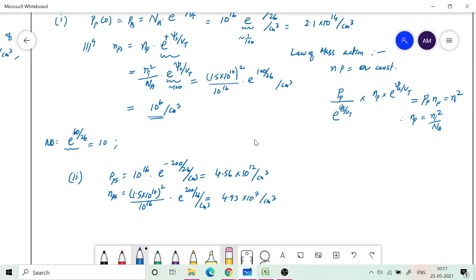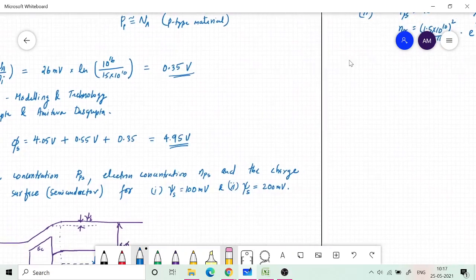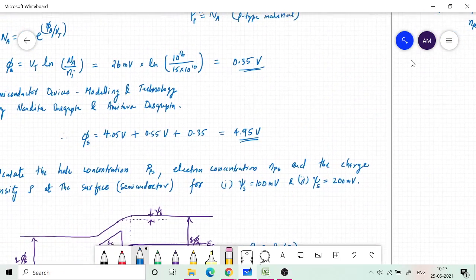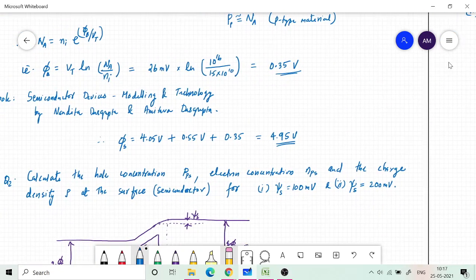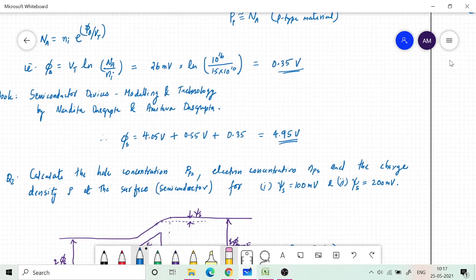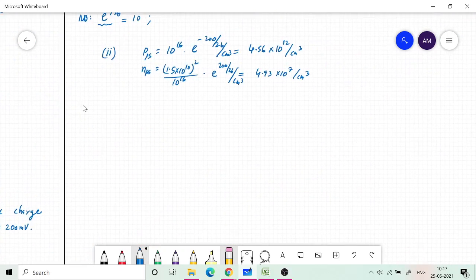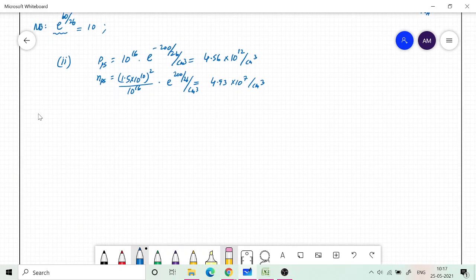Now the important thing is the other part of the problem. It is also asked not only to find out the concentration, but also the charge density rho at the surface. Now what is charge density?